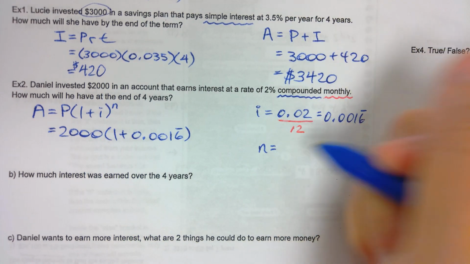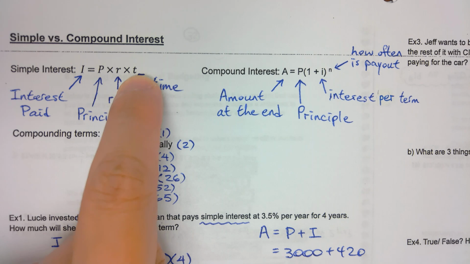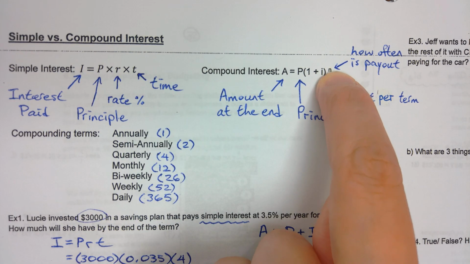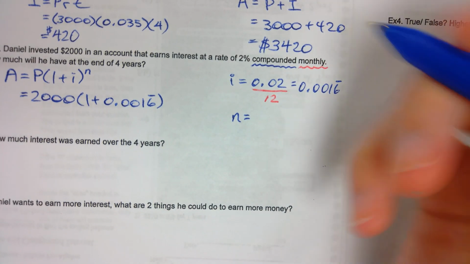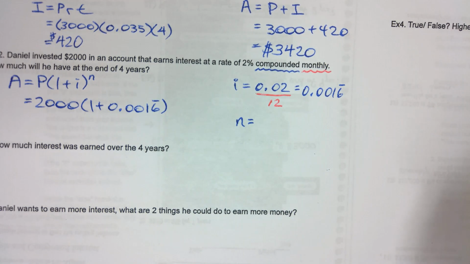And then n. Okay, same thing right here. In simple interest, we use the letter T, but here we use the letter N because you have to also consider the monthly. So what do you guys think I should do here for N?